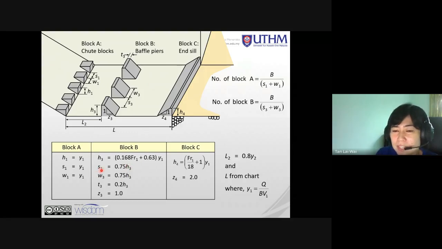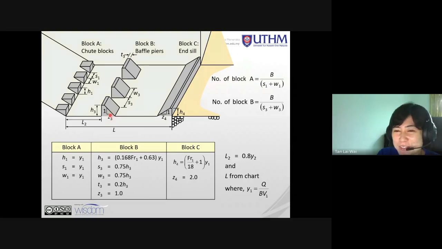Once you calculate S3, you can just write W3 equals S3 equals the value. I don't mind you doing that. T3, the thickness of block B, would be 0.2 H3. And Z3 is constant, it's fixed.